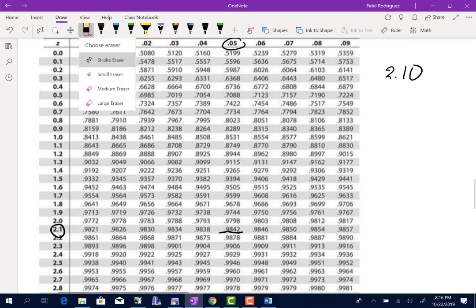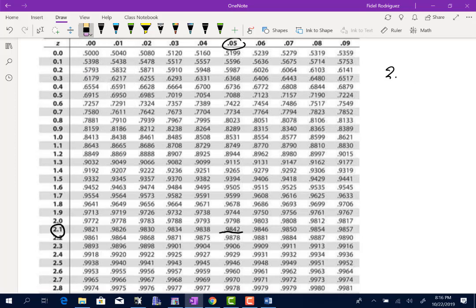Then I want my other numbers to be 0, so 2.1 would have been 0.9821, right? If I want 2.11, I look at that one. Does that make sense? 2.12, look at that one. 13, 14, 15. Marisol, are we okay? So let's try another one just to make sure that we're good.